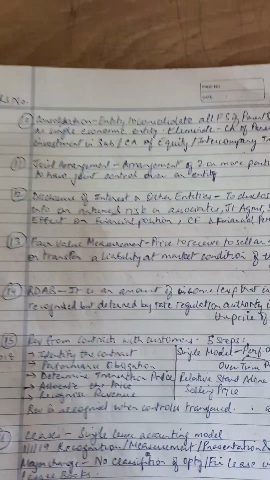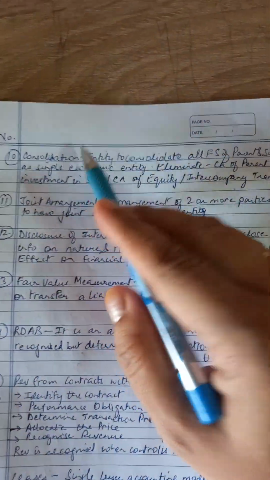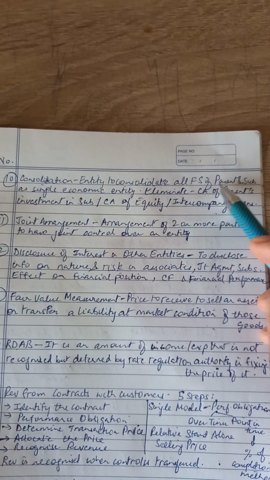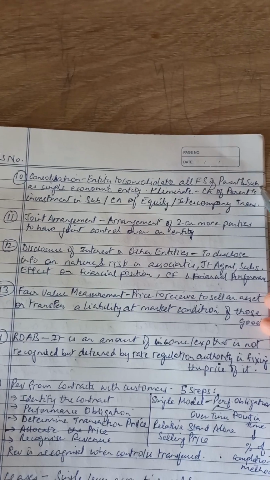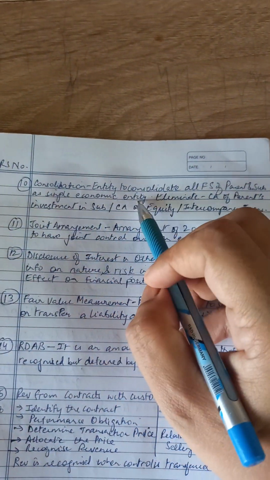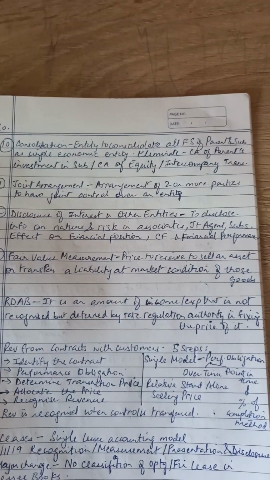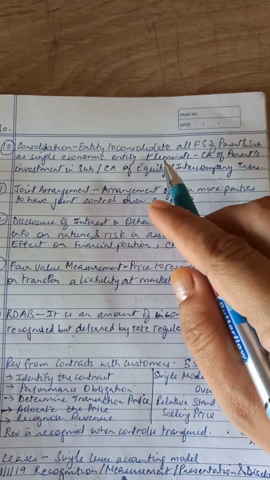Next comes IFRS 10, which is consolidation. Here the entity is supposed to consolidate all the financial statements of the parent and the subsidiary as a single economic entity. So everything will be consolidated together as a single economic entity. What you need to eliminate?